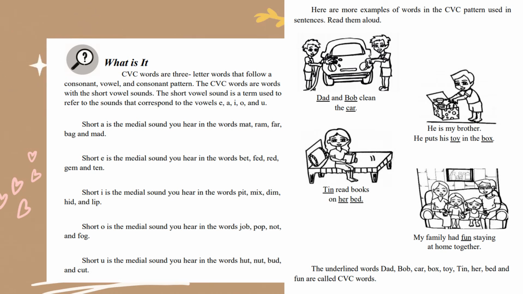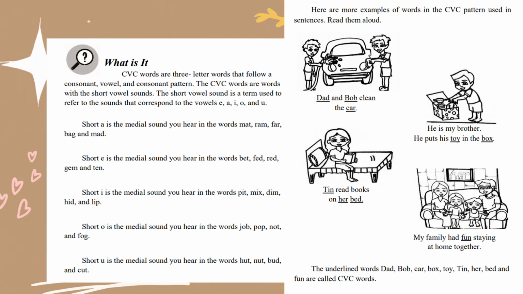I, O, and U. Short A is the medial sound you hear in the words mat, ram, far, bag, and mud. Short E is the medial sound you hear in the words bet, fed, red, gem, and ten.